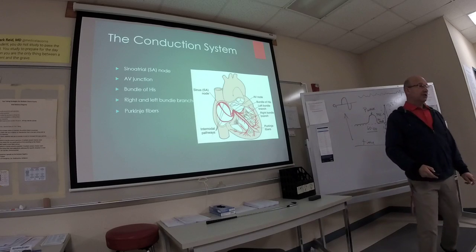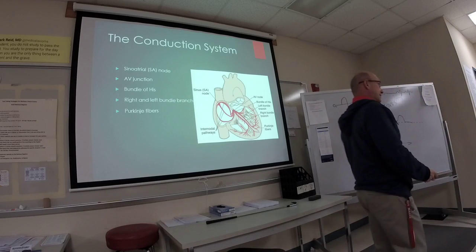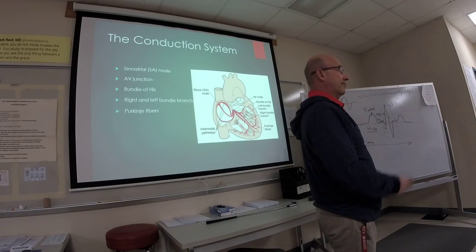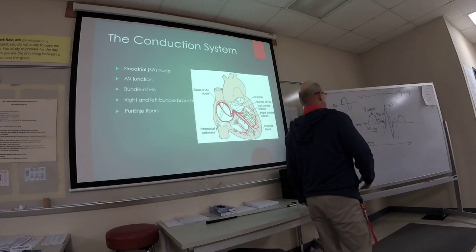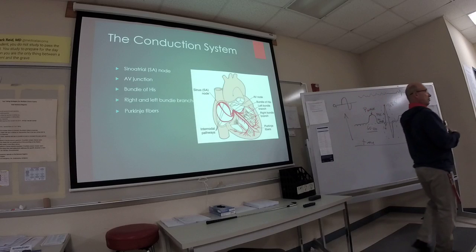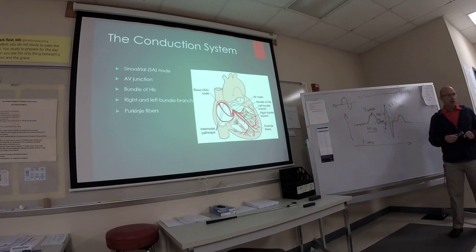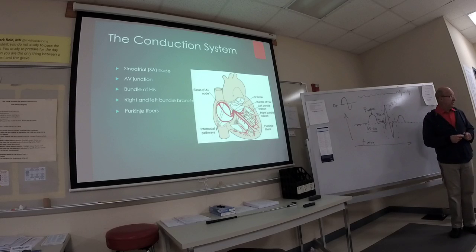Anybody remember the function of the AV node? Okay, that's one. Yes, it's a backup pacemaker. That's very good. What's the primary function of the AV node, or junction? That's digging into a lot of memory.